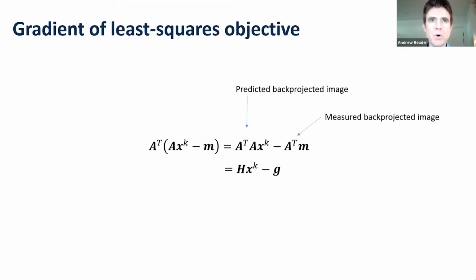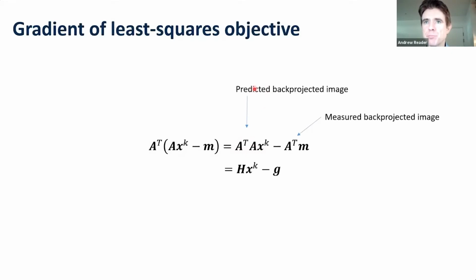Okay, so just a reminder then, what is the gradient of the least squares objective? Well, we remember already, it's just this. Back project the difference between your forward model and the measurement. And if I just expand that out, that's saying take your current guess of the image reconstruction, xk, forward project it, back project it. And if you like, that's like a back projected image in the context of PET, but you can still call it the same thing, I guess, for MR. You do your MR forward model, then the conjugate transpose here.